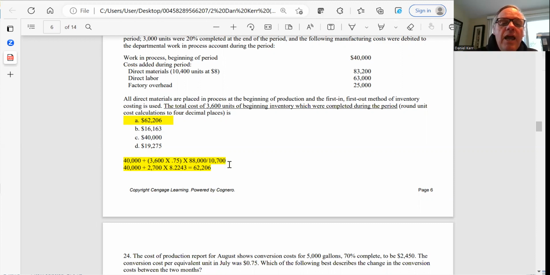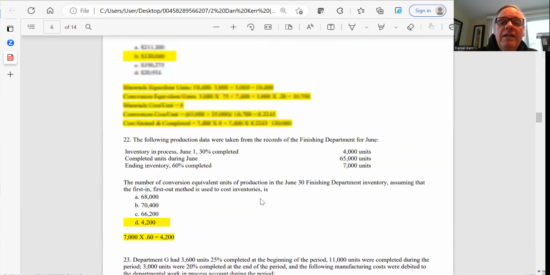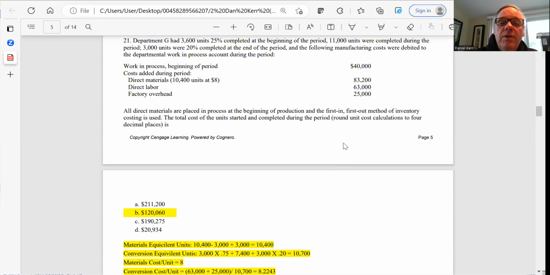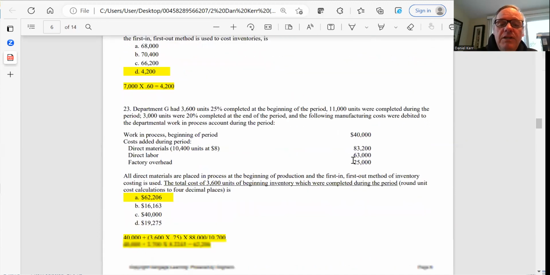Okay, and then times 88,000. So what did I get the 88,000? That was the conversion cost that we had. Yeah, that was the 63 plus the 25 we had in the previous problem. You can see it right here. So 40,000 plus 3,600 times 0.75 times 88,000 divided by 10,700.